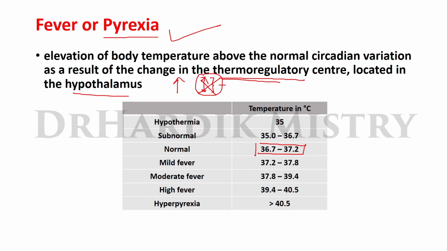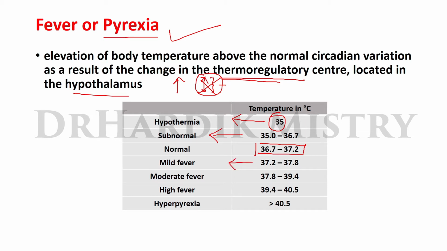We know that the normal body temperature is 36.7 to 37.2 degrees Celsius. When the body temperature is around 35 degrees Celsius, the condition is known as hypothermia. When the body temperature is 35 to 36.7 degrees Celsius, we can use the term subnormal body temperature. When it is 37.2 to 37.8 degrees Celsius, we say mild fever.